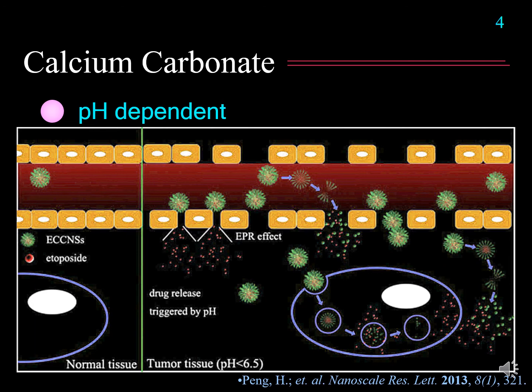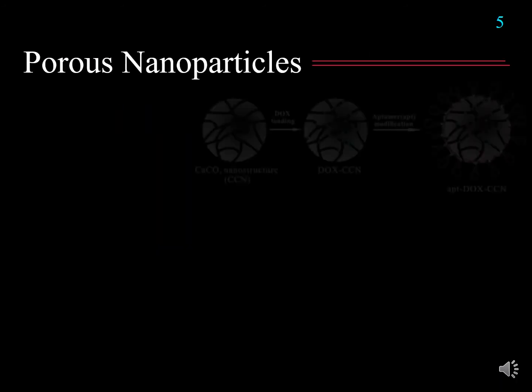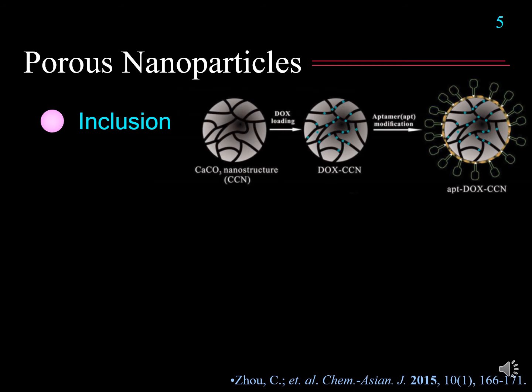Calcium carbonate and calcium phosphate are very famous, and actually these ionic nanoparticles have polymorphisms as well. Some structures of calcium carbonate and calcium phosphate have high porosity. So if we can prepare porous calcium carbonate nanoparticles or porous calcium phosphate or calcium apatite nanoparticles, then instead of co-precipitation, we can prepare the naked nanoparticles.